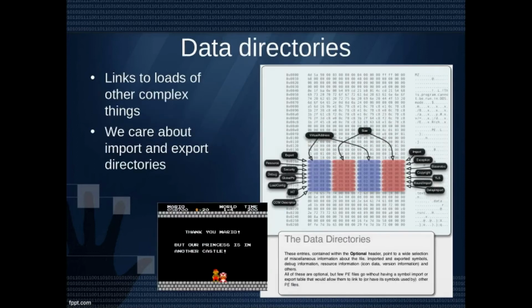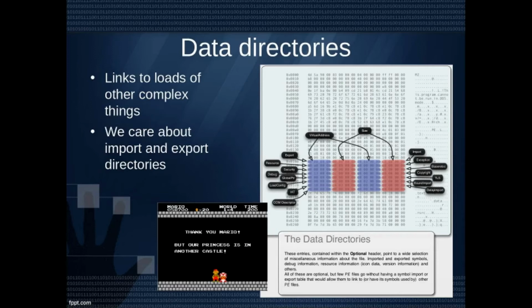So if we look at our next data structure, we've got our data directories. These are entries that all link to other data structures, right? If we have sections that are specifically for, for example, resources, we've got our resource section, and then we have our resource directory entry. This tells the Windows loader where to go look for resource information.